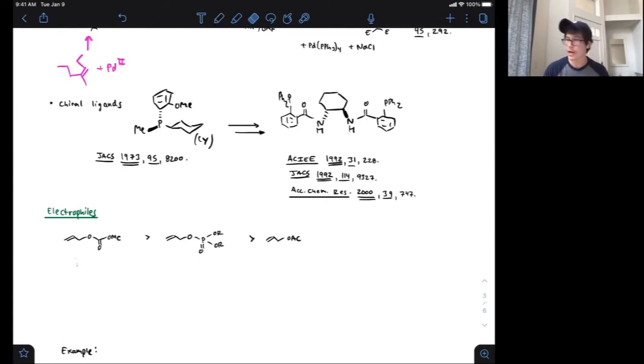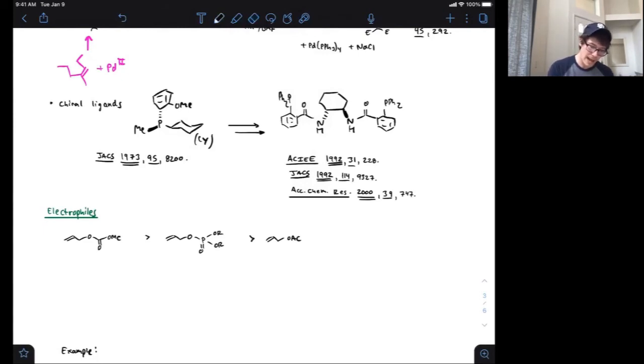In terms of relative reactivity of electrophiles, we already saw this case with substituted benzoates, but more generally, there's a clear effect in terms of the activating group on oxygen, on how quickly these can react, where allyl carbonates are typically the best, followed by these allyl phosphonates, and then allyl acetates or benzoates here.